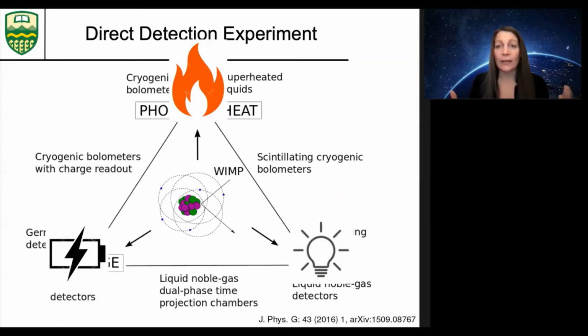And the way that they are compared with each other is by drawing the cross-section of this dark matter as a function of the mass of this dark matter. When we say cross-section, that means the probability that the particle of dark matter interacts with my detector.